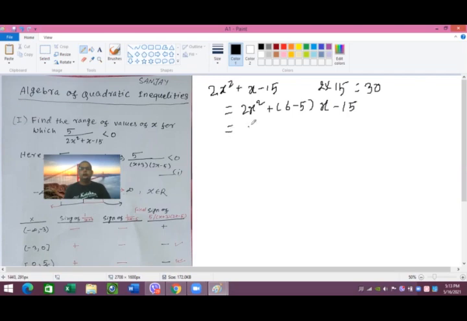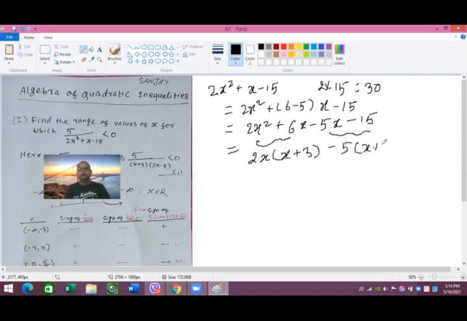Then you open it up, so it is 2x squared plus 6x minus 5x minus 15. From the first two terms you can take 2x common, so it is 2x times x plus 3, and from the last two you can take minus 5 common, so it is minus 5 times x plus 3.